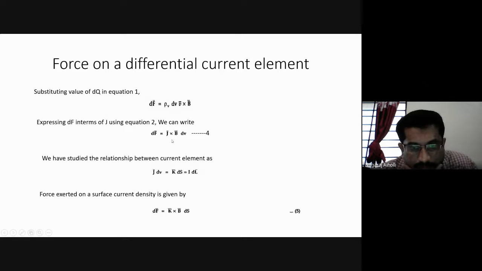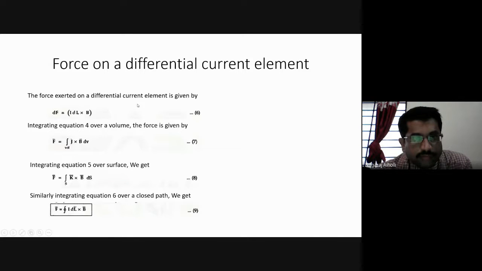Here we have J bar dv in equation 4; instead of J bar dv, substitute K bar ds. That gives us K bar cross B bar ds. Take it as equation number 5.